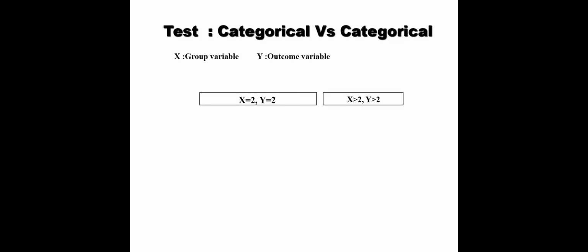Fertility can be defined as infertile or fertile among the women, and the exposure can be what? Obesity, obese or non-obese women. So in this case, both are what? Categorical. So our test should be what? What number of categories is there?